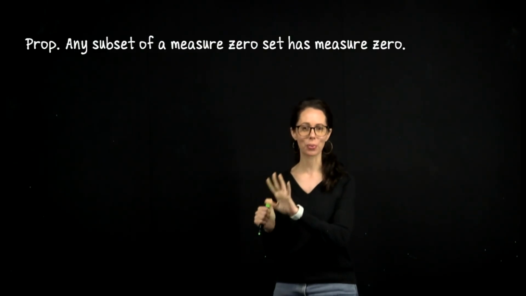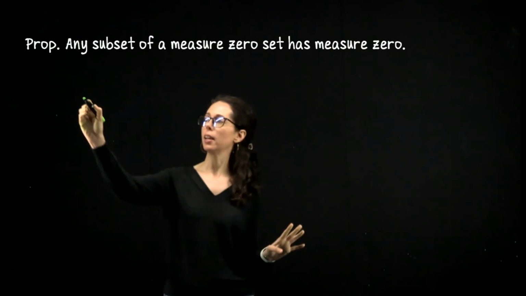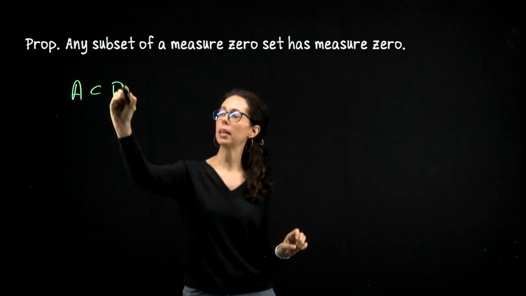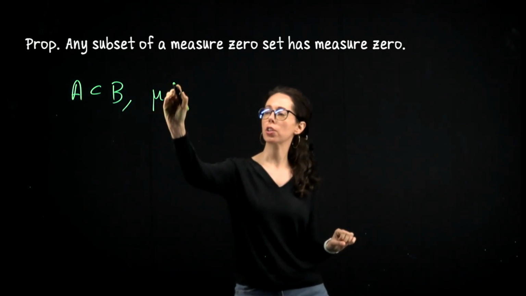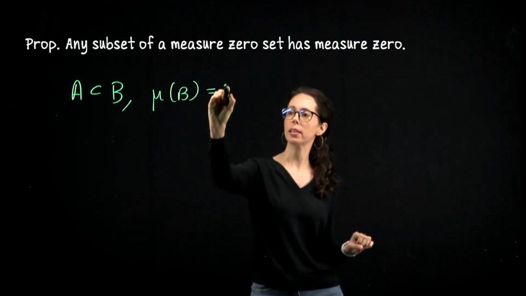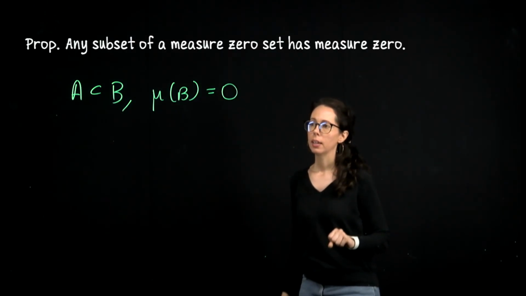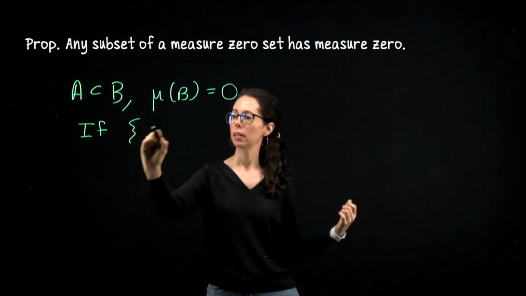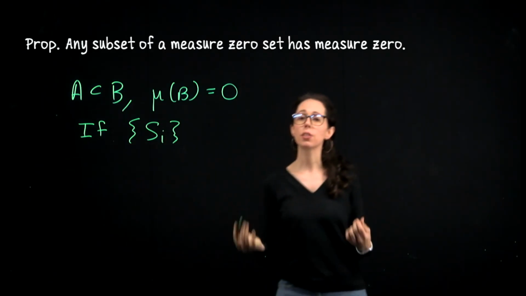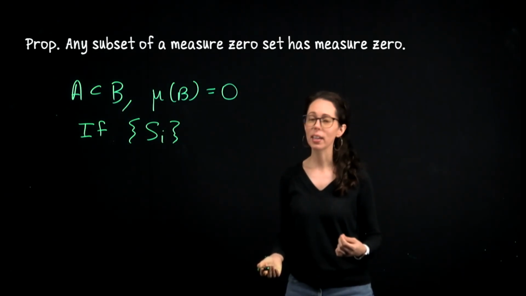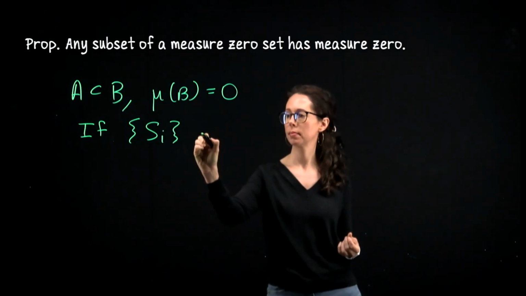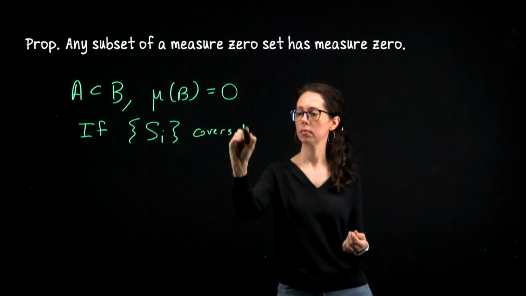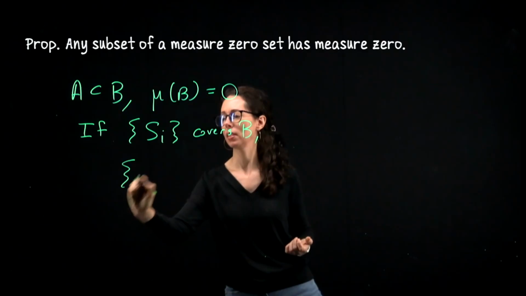Let me just put down a few statements just symbolically. Suppose that A is a subset of B, and we know that the measure of B is 0. So B has measure 0. If some family of rectangles S sub i is a suitable covering of B, then it's also a suitable covering of A. And that's it.